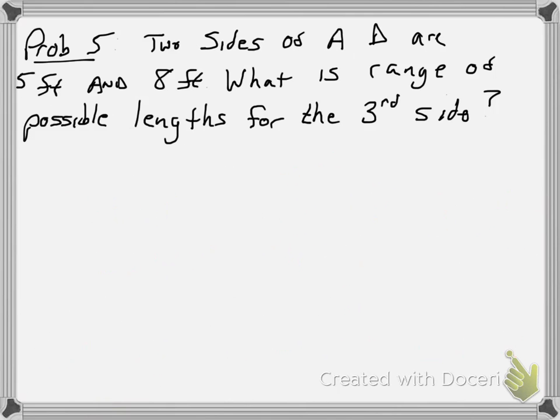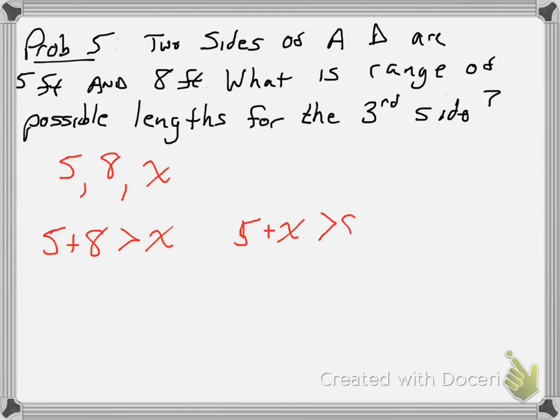Okay? So that leads us to problem 5, which talks about two sides of a triangle being 5 feet and 10 feet. What is the range of possible lengths for the third side? So again, if our sides are 5, 8, and x, what could that third side be? Well, I'm going to set up three inequalities. 5 plus 8 has to be bigger than x. 5 plus x has to be bigger than 8, and 8 plus x has to be bigger than 5.